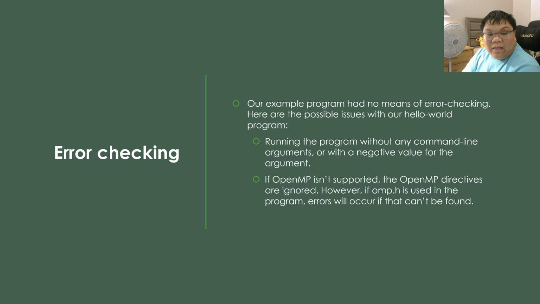Also, if your system does not support OpenMP, all the OpenMP directives are ignored. However, you might still have problems because if you include omp.h and OpenMP is not supported on your system, it's just going to throw a compiler error. Basically, this file cannot be found. So, those are some possible issues that you might have with the program, and what happens if you don't have OpenMP installed on your system.